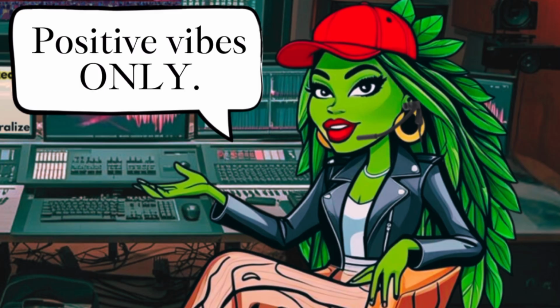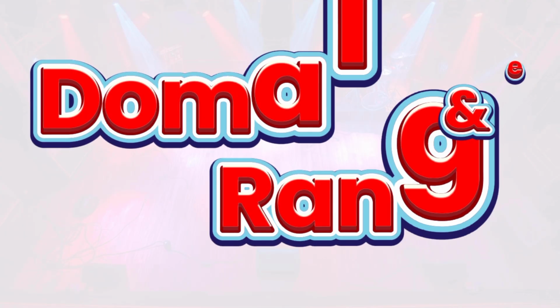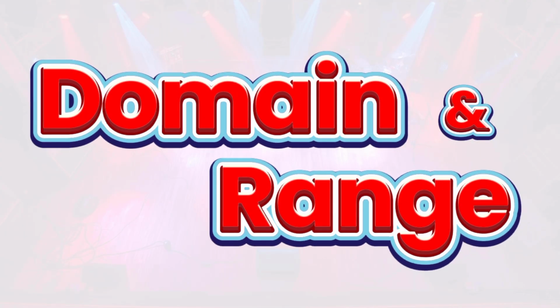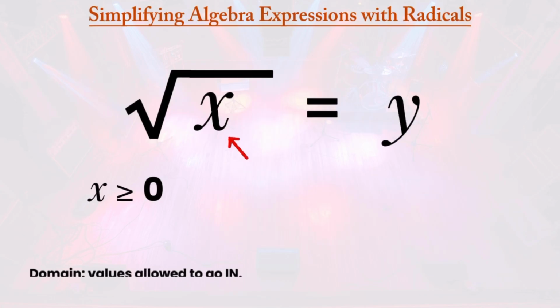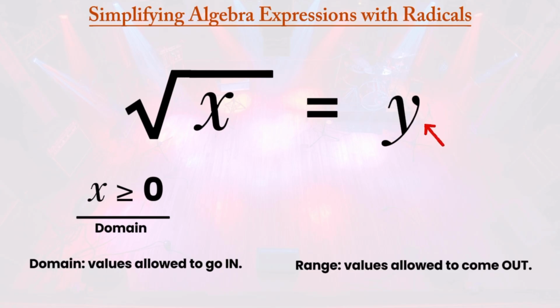Positive vibes only. So, for the entirety of this video, you're going to see an unknown variable stating that it's greater than or equal to 0. Statements like these are called domains or ranges. In algebra, the domain tells you the values you can put into a formula, and the range tells you the values you can have come out.